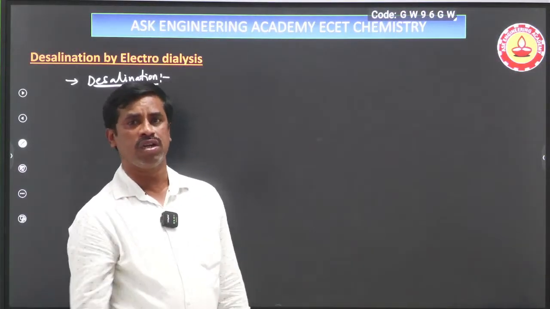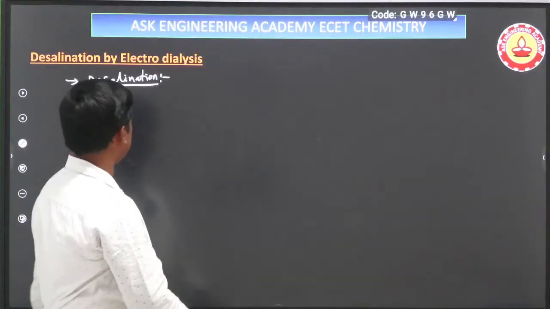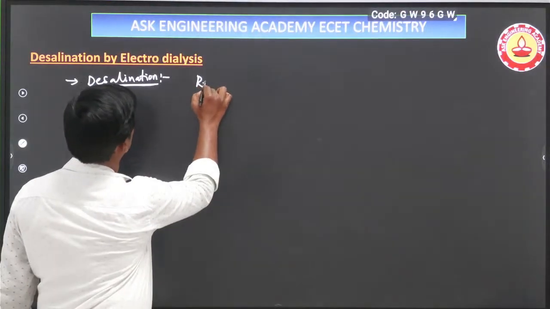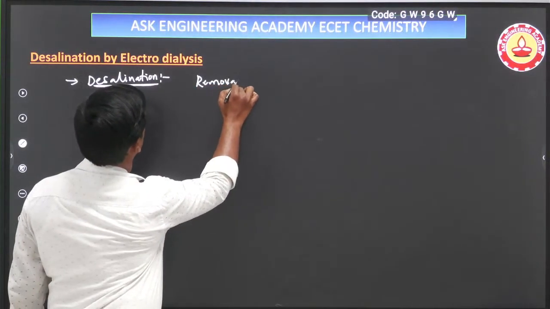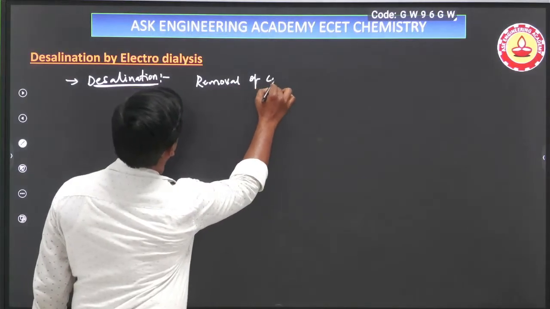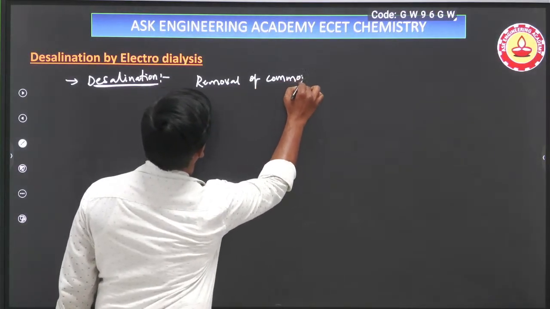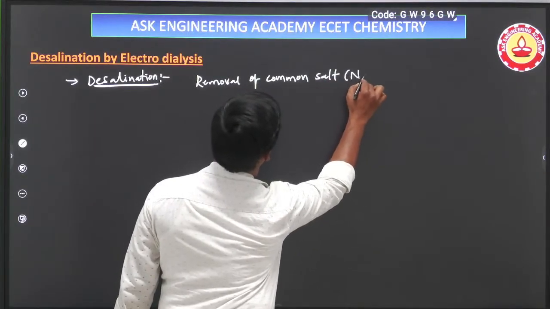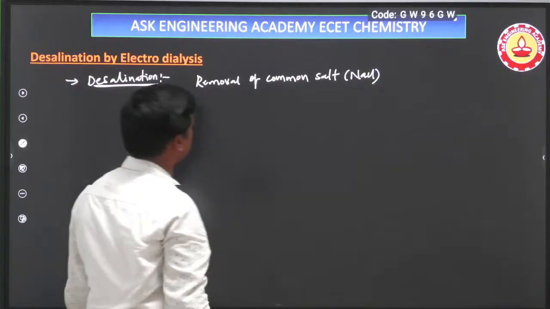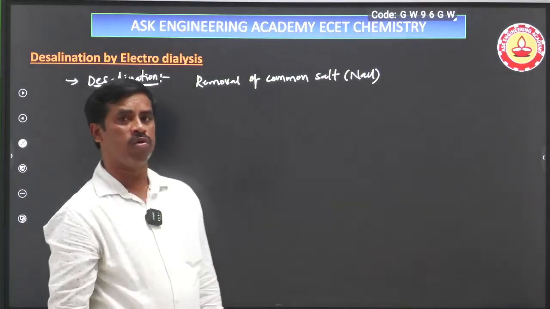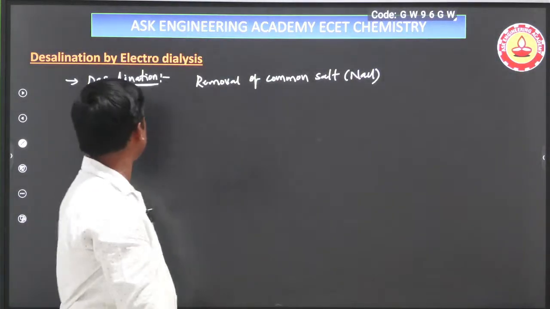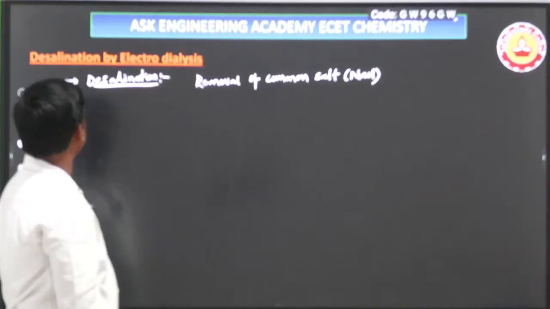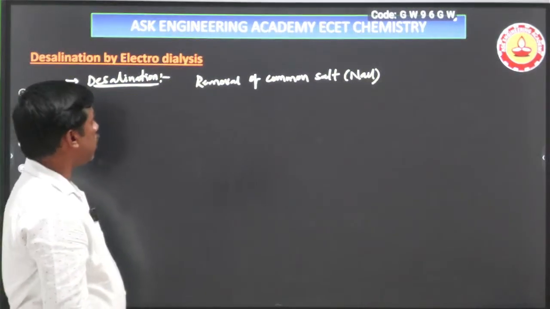What is desalination? Removal of common salt. Common salt means what? Sodium chloride. The process of removal of common salt from water is said to be desalination. Here, desalination by electrodialysis.